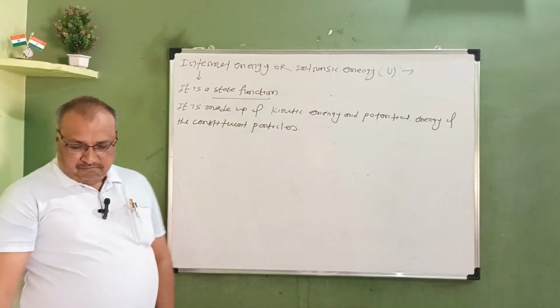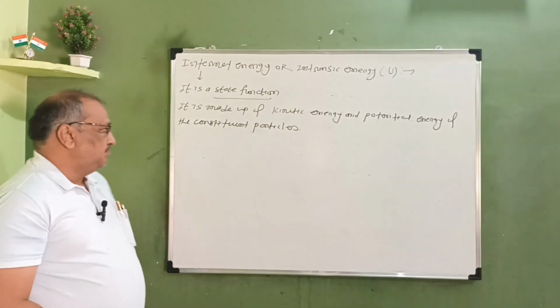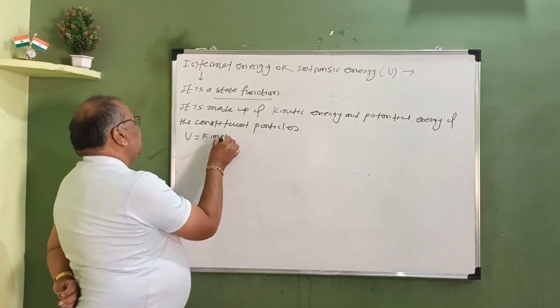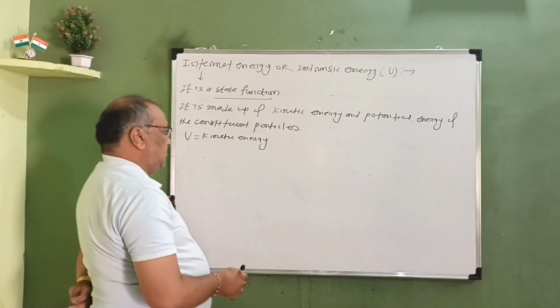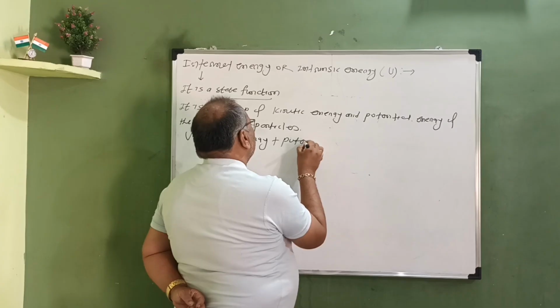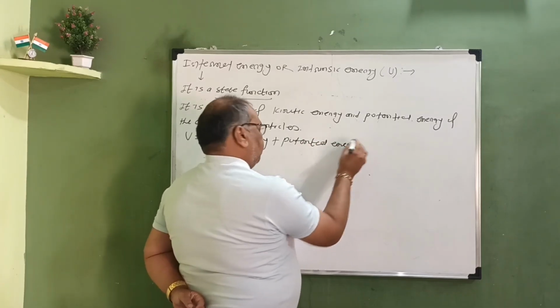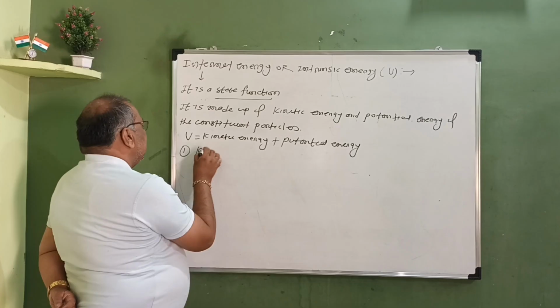Now here that means U is equal to kinetic energy plus potential energy. Now we write down first kinetic energy.